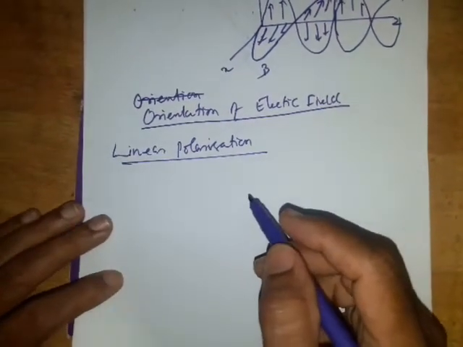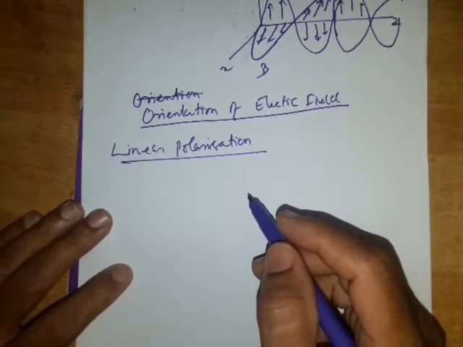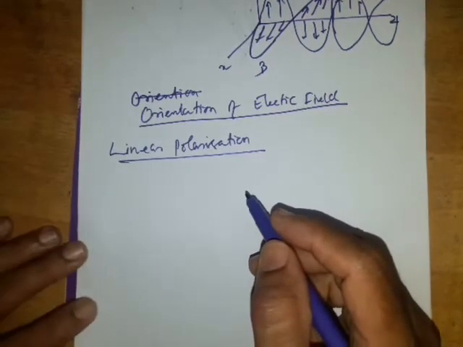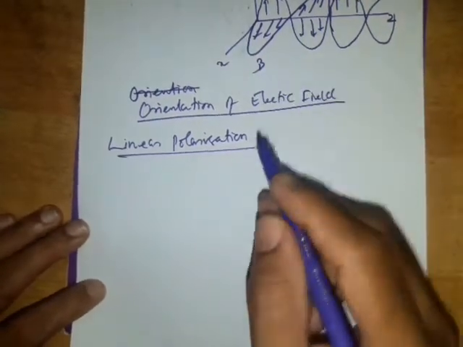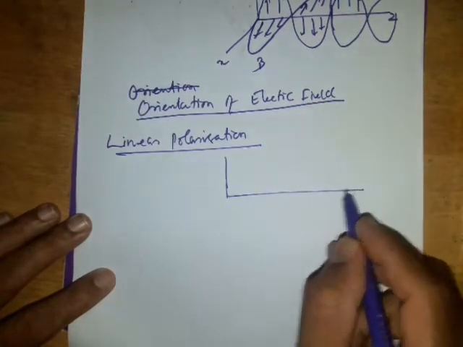Now let us consider the two components of the electric field vector, Ex and Ey. For the time being, let's ignore the magnetic field component.